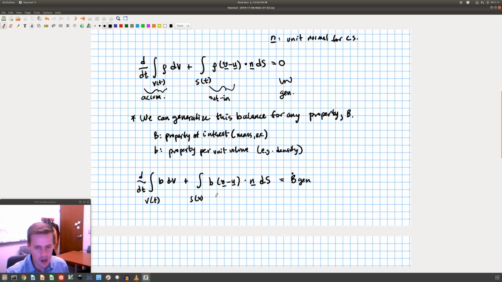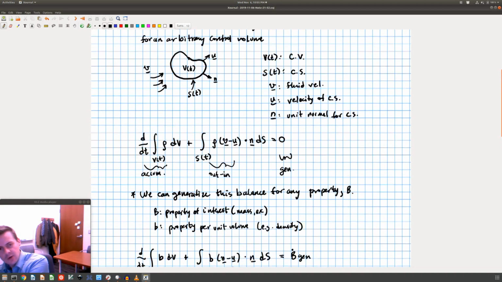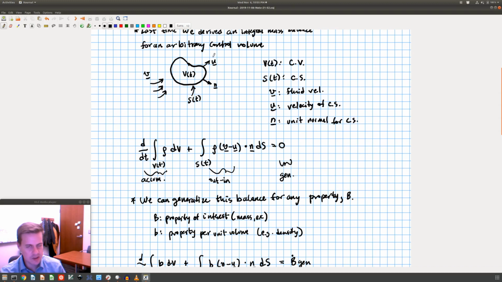So this guy right here, this is the convective flux, okay, of B across the boundary of my control surface. So if I have some general property B, that's what's getting convected out and in here.